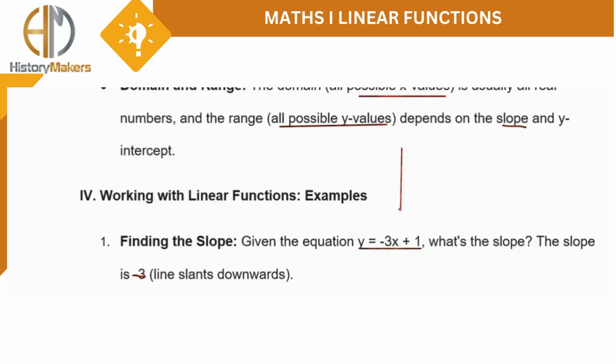On our Cartesian plane, this is how our graph looks like. It has a negative slope.